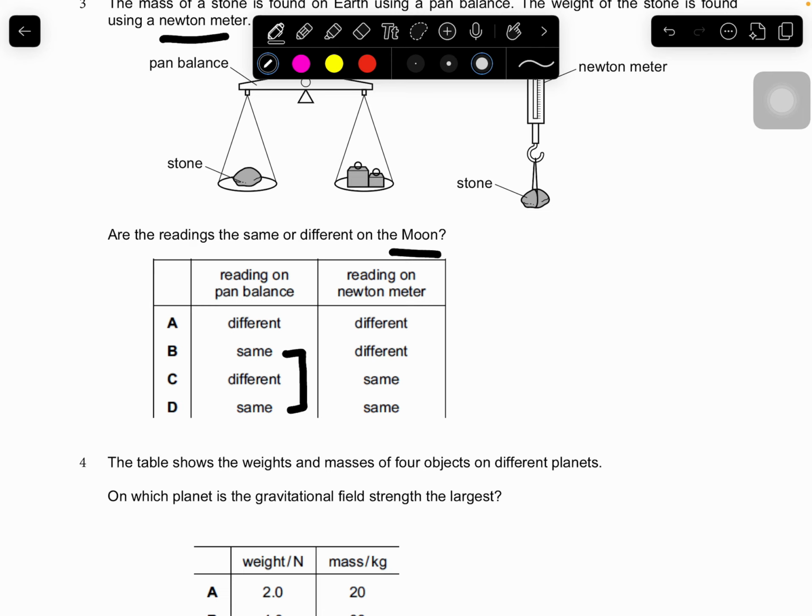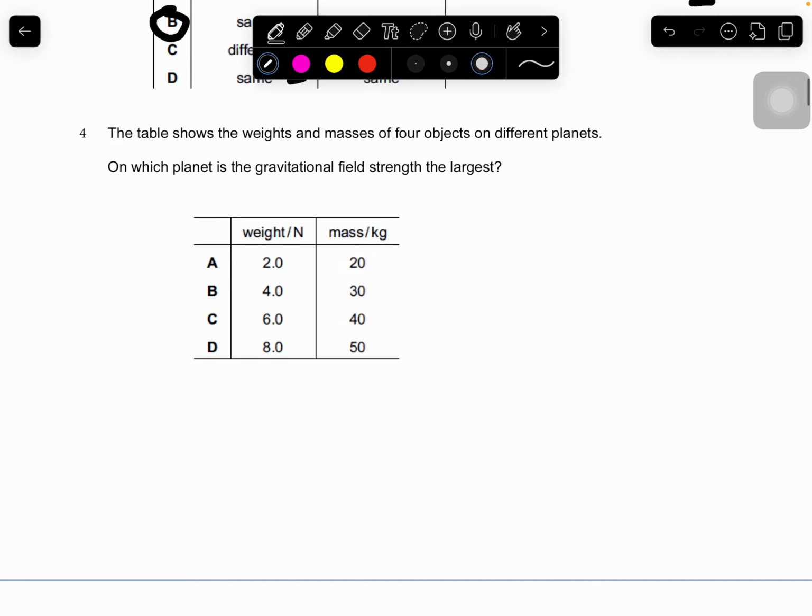The reading on the Newton meter is going to be different because it's measuring weight, and weight is a product of mass and gravitational field strength. As the value of g changes, your weight also changes.